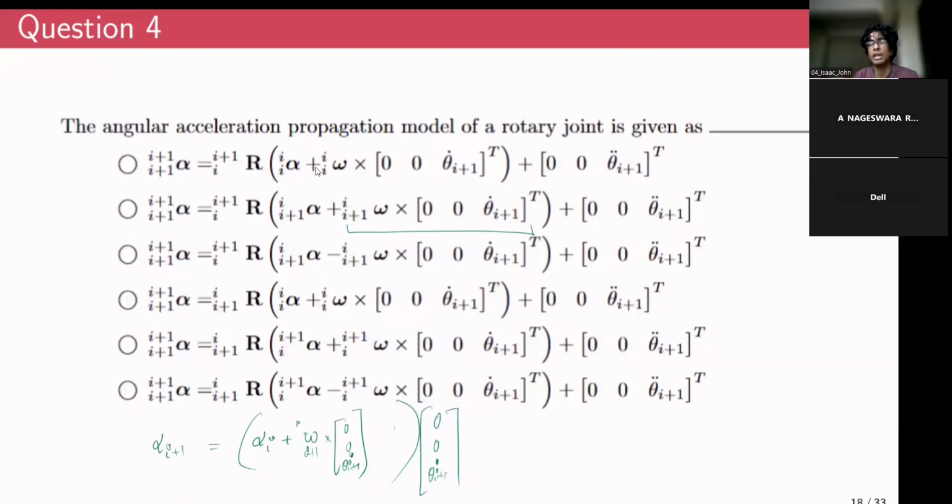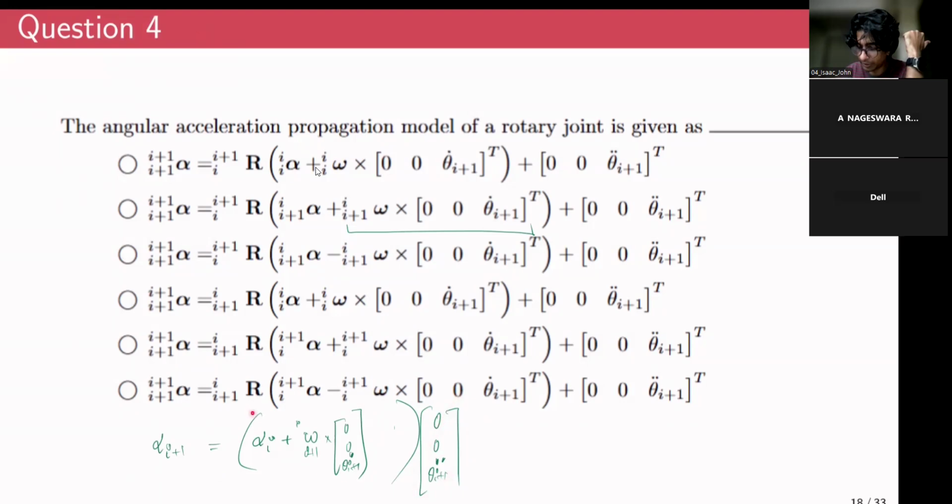Because every rigid body has its own coordinate system that is attached to the rigid body itself. So if an I plus 1 rigid body is a rotary joint, the angular velocities and angular accelerations are represented with respect to its own local z-axis. So that's why we are getting this term over here, theta I plus 1 double dot.